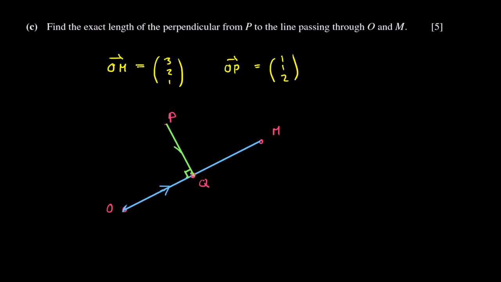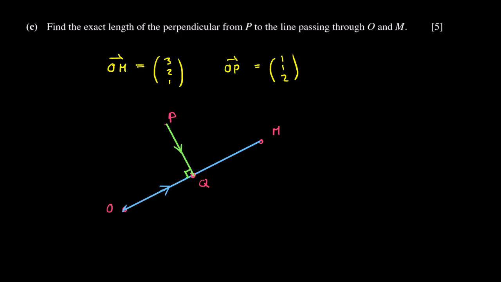And so the vector OM is going to be perpendicular to the vector PQ. Now, why is that helpful? Because we know that if two vectors are perpendicular, their scalar product is going to be 0. So if we can find an expression for PQ, we know that the scalar product of PQ with the vector OM will be equal to 0. Right? So let's try to figure that out.